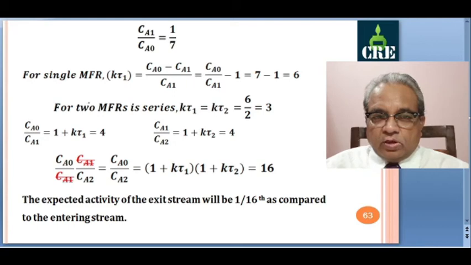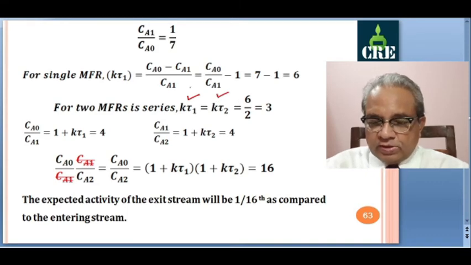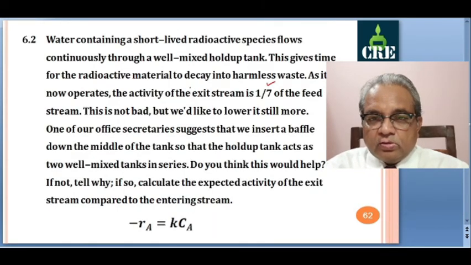K tau 1 is 6. Now we split into 2 by putting a baffle. So when there are two reactors in series, K tau 1 is equal to K tau 2. They are equal, since we are placing this baffle in the middle of the tank.